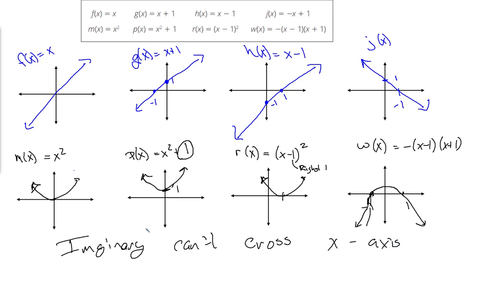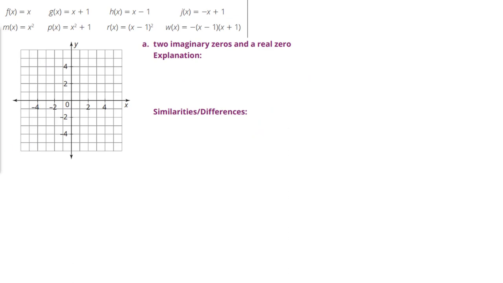So which of these is going to give me an imaginary root? Well, this one right here isn't going to go through the x-axis. So p of x is one of my imaginary roots. Is there any other ones? So that gets care of my two imaginary roots.